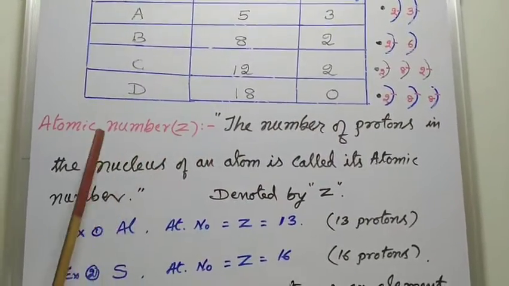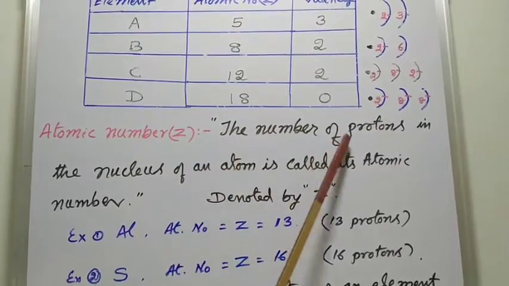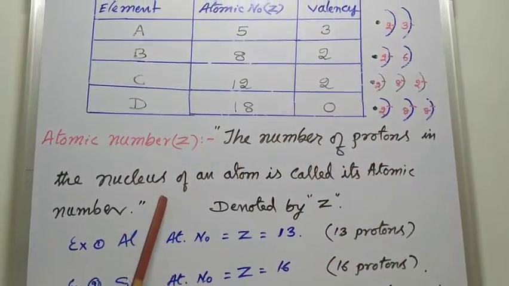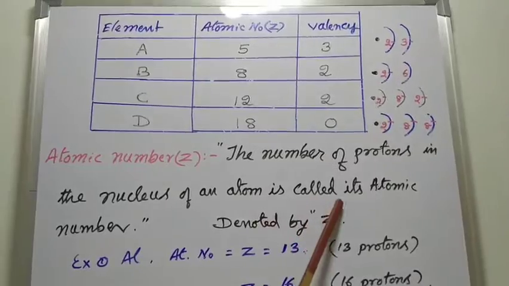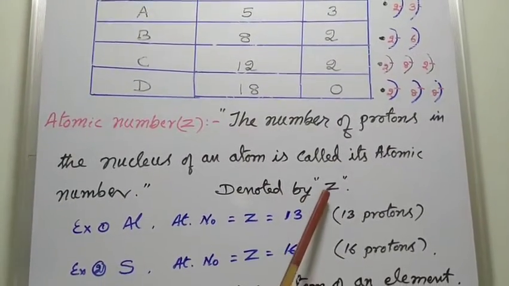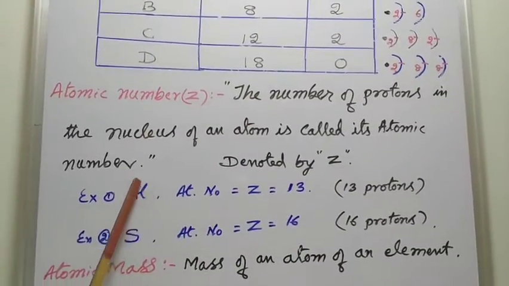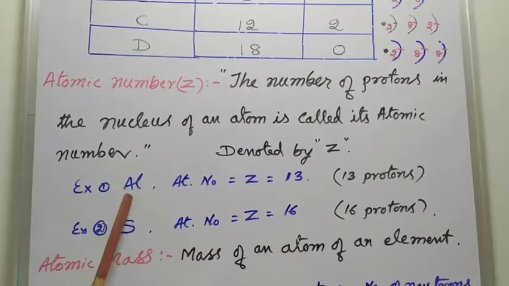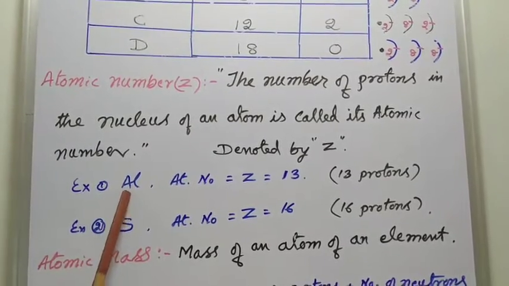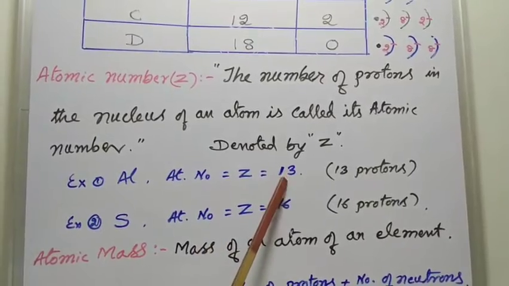Now come to atomic number once again, that is Z. The number of protons in the nucleus of an atom is called its atomic number. It is denoted by Z. Aluminium, element symbol Al, atomic number 13, that means Z equal to 13.